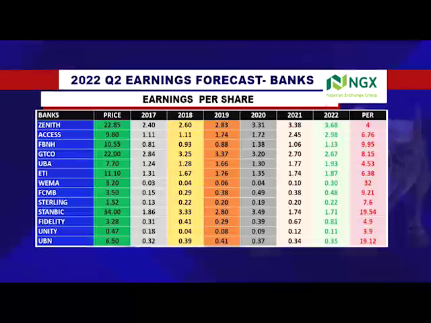Aruna, when assets move, you keep quiet. Because look at Zenith, 2 naira 40 kobo, now you are talking of 3 naira 68 kobo, just an increase of about 50%. Look at asset: 1 naira 11 kobo to 2 naira 98 kobo, almost about 300%.